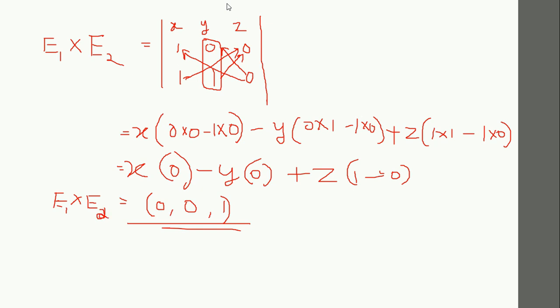So similarly, apply the cross product calculation for E2 cross E3, E3 cross E4, E4 cross E5, E5 cross E6 and E6 cross E1. Okay, in the same manner you are going to calculate the rest of the cross products.